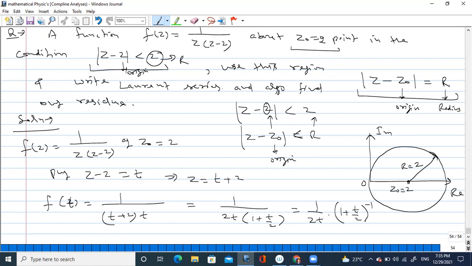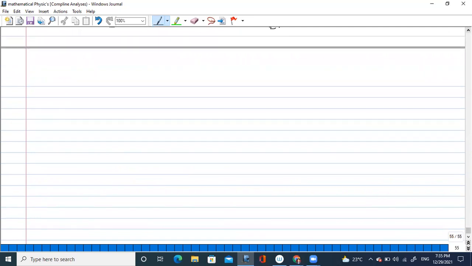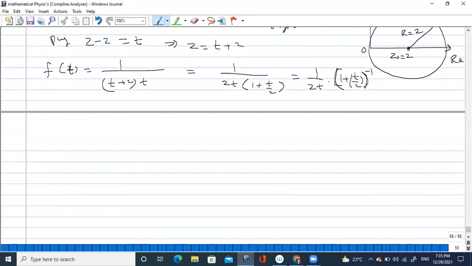So this is 1 plus x, it will work as x, 1 plus x to the power minus 1. So that series you can open by using the second formula of binomial I wrote yesterday. So it will be 1 upon 2t into, that formula will be 1 minus x, so x is here t by 2, and plus x square.